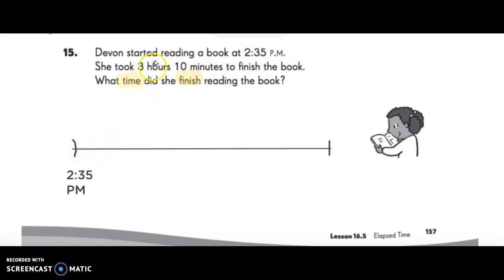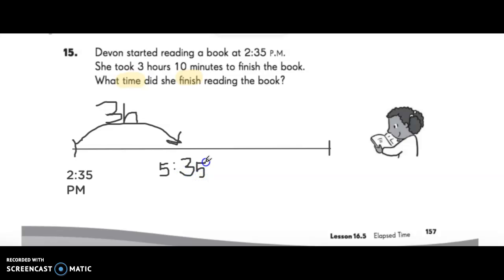So you have some options here. You could jump 3 hours first if you choose. Then you just need to be careful that you count it correctly. If you're at 2:35, then you would be at 3:35, 4:35, 5:35 would be that jump here.